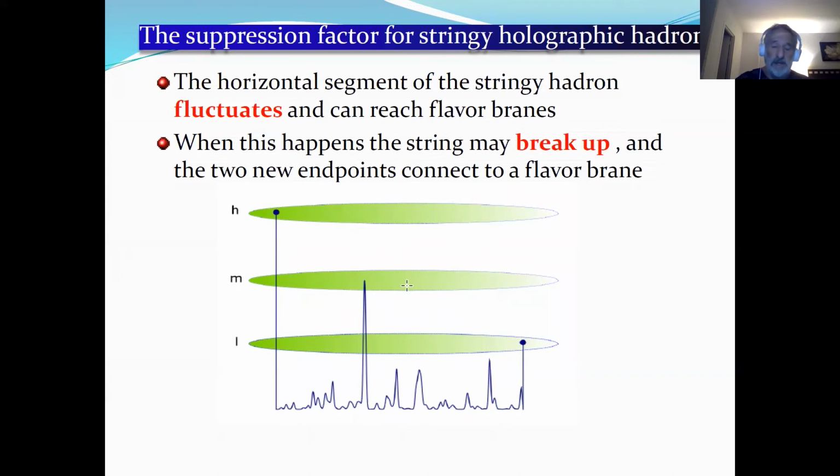So one has to calculate the probability that this fluctuation will bring the string into one of the flavor branes, and then the probability that it would break. But first of all, the issue is the probability to hit one of the flavor branes. Of course, it has to be a function of these heights, which are the masses, as we've seen before.